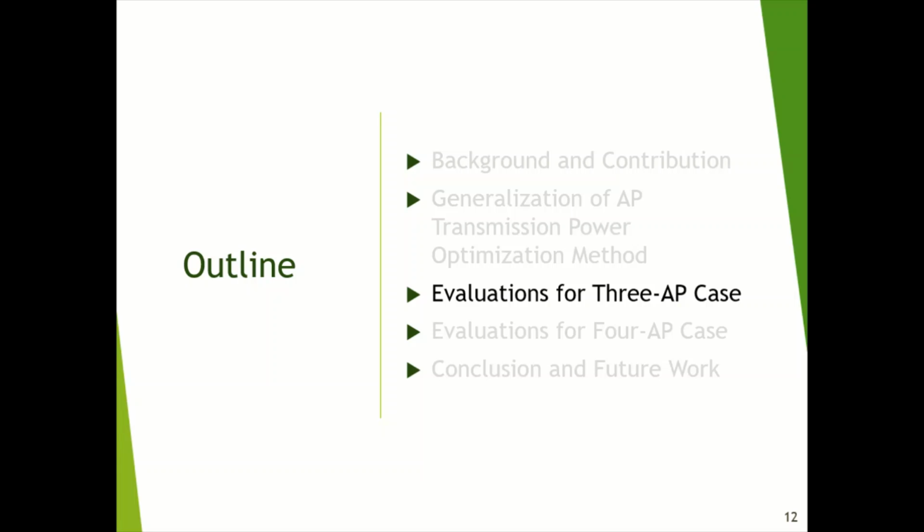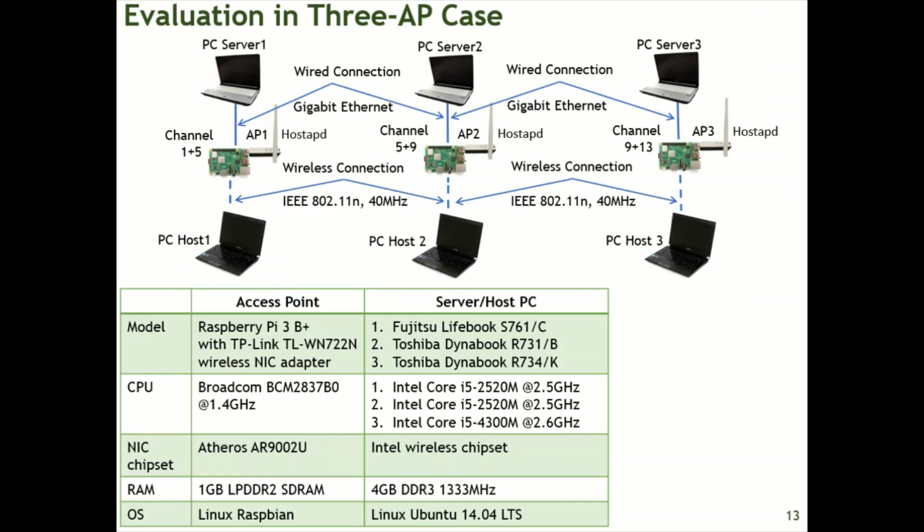Then I will introduce the evaluation of this method. This is the setup for the evaluation. In this evaluation, we use a PC laptop for servers and hosts, and then we use Raspberry Pi 3B Plus and a TP-Link wireless USB adapter for the APs by running hostapd.